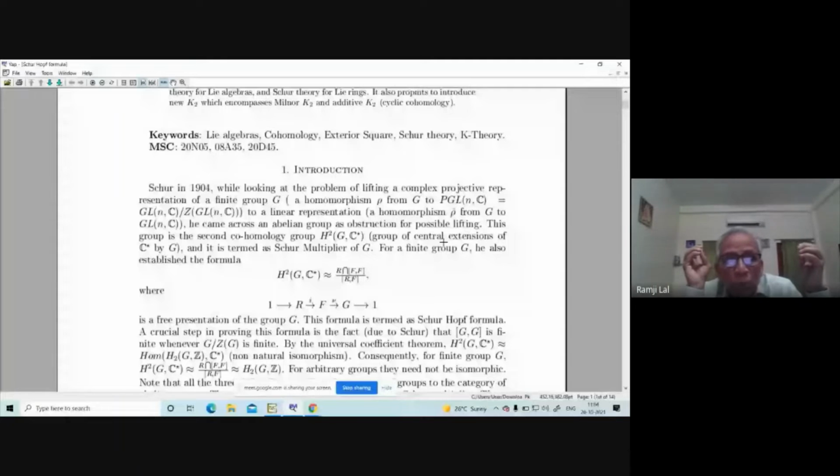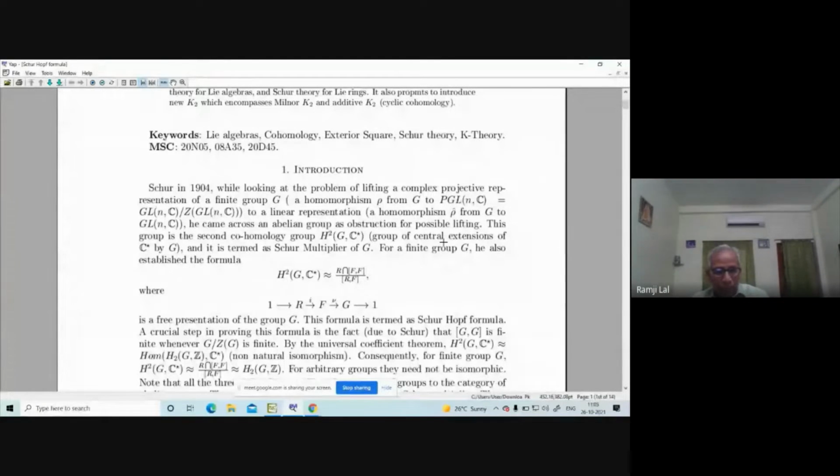A crucial step in proving this formula is the fact, again due to Schur, that the commutator subgroup of G is always finite whenever the central quotient G over Z(G) is finite. And you know, there is a famous universal coefficient theorem in the homology theory of groups, or in topology also: H^2(G, C*) is the group of homomorphisms from the second homology group H_2(G, Z) to C*, and of course this isomorphism is natural.